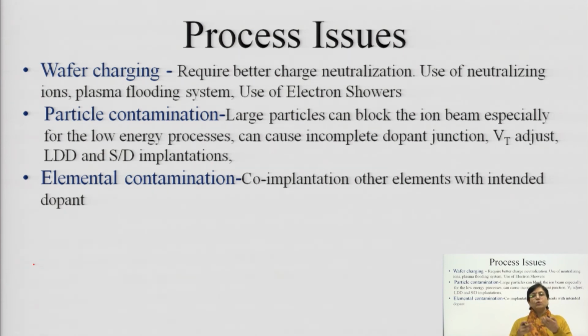Depending upon those variations, when you carry out the variations in beam current by the analyzer magnet, there is a possibility of variation that can contaminate the unwanted area, or unwanted dopant species may get included onto your substrate, and that can hamper the overall reliability of the devices being fabricated.